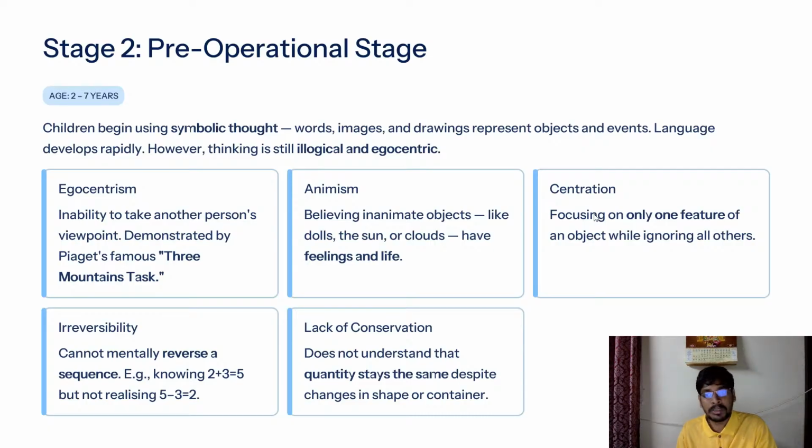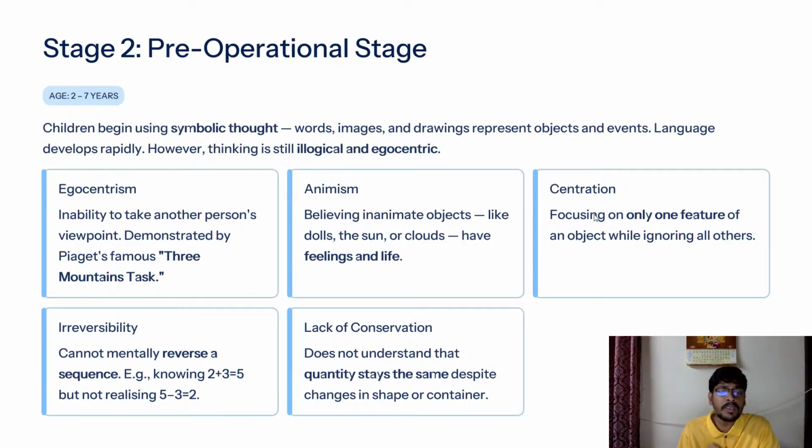That is called animism. And centration is where the focus is only on one feature of an object while ignoring all others. So in the centration process, the focus is always on one object only, and other objects are always ignored. And irreversibility is where the child cannot mentally reverse a sequence.